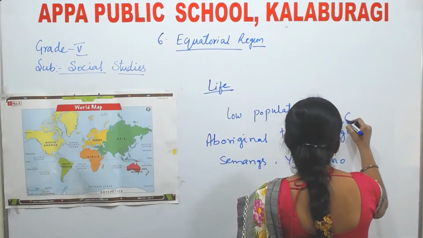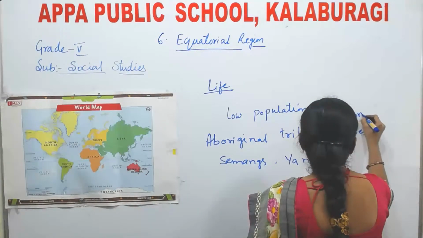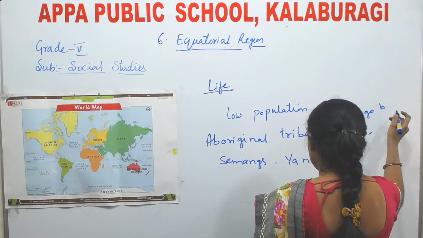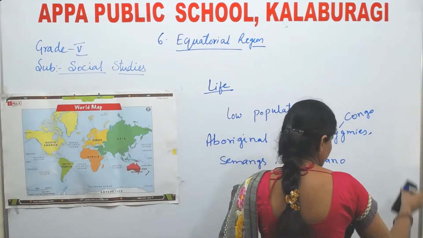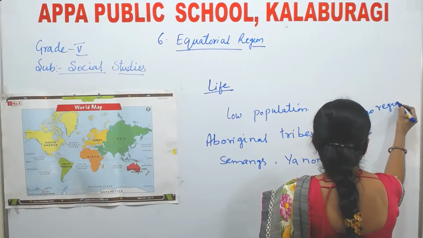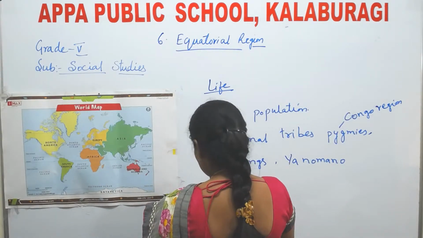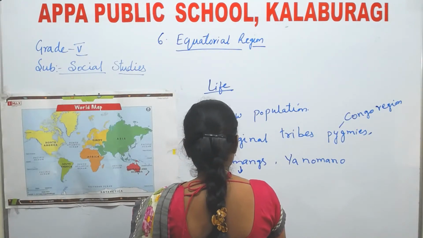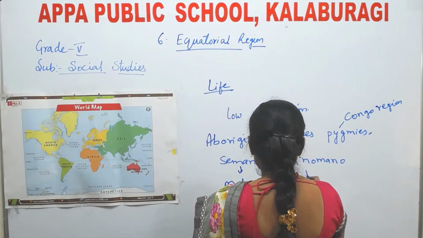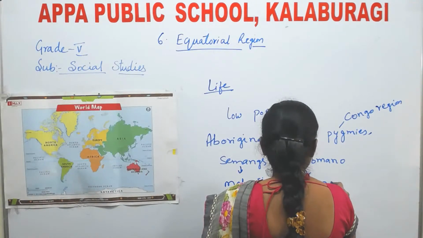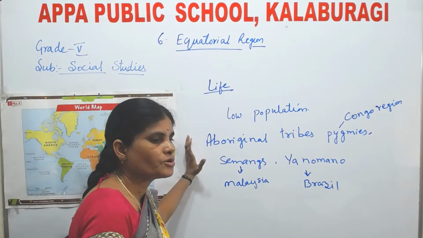Pygmies live in the Congo Basin, Samans live in Malaysia, and Yanomamo live in Brazil. These are the types of tribes that live in the equatorial region.